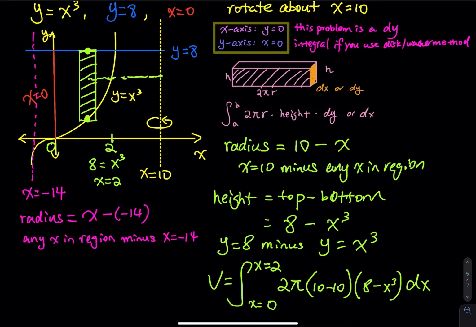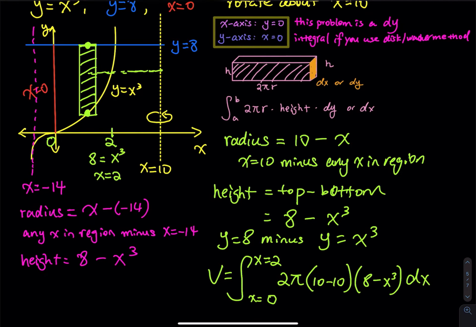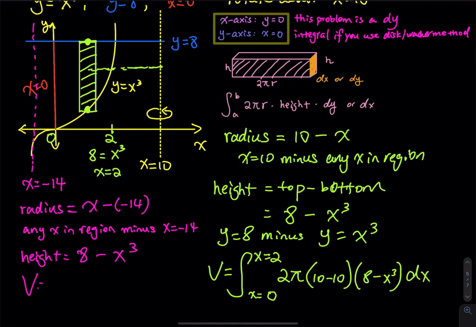What about the height? No change. The height is still the top minus bottom, which is 8 minus x to the third. And then you set up your integral. So the volume is the integral. x goes from 0 to 2, and then you have 2 pi times r, x minus negative 14, and then times the height, 8 minus x to the third, dx.